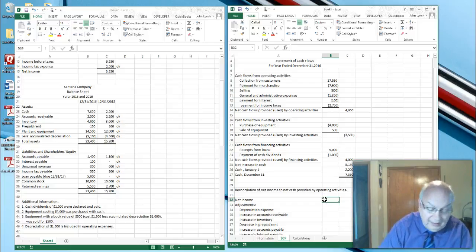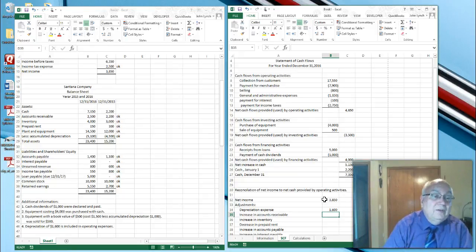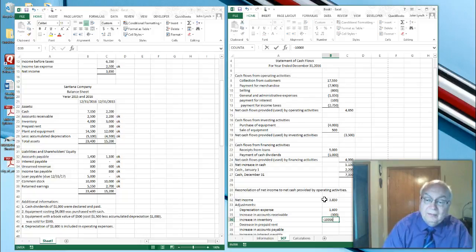So you start with net income of 3,850, add back in any expenses that did not require cash, which is the 1,600, and then you go through your current receivables and current payables that are operating activities. So we have an increase in receivables. That would be a minus 300. That's a use of cash. Increase in inventory of 1,000. That's a use of cash. Prepaid rent went down, so you kept the cash.